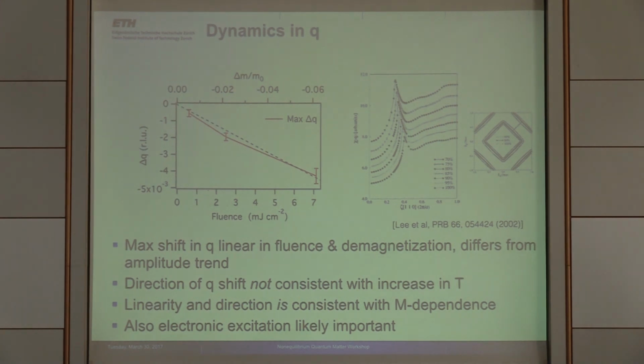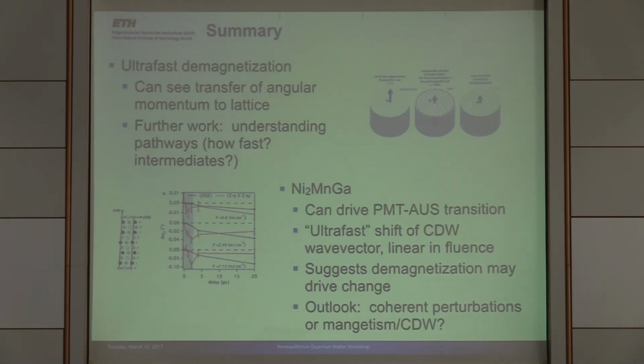So we think that by dropping the magnetization on these fast timescales, we're inducing this very small change in Q, which suggests there is some level of coupling between the magnetization and the charge density modulation, not so much for the amplitude of the modulation, but for the periodicity of the modulation. Okay, so that's where I want to end.